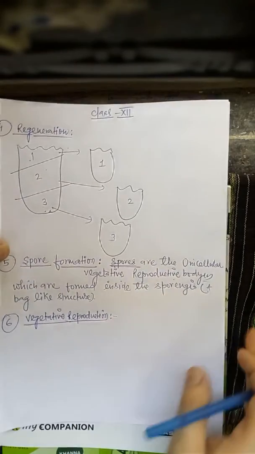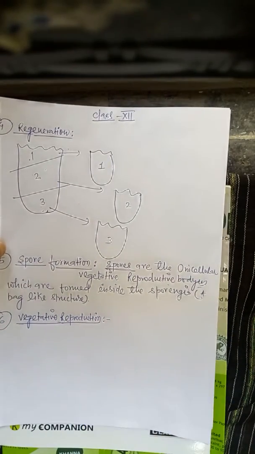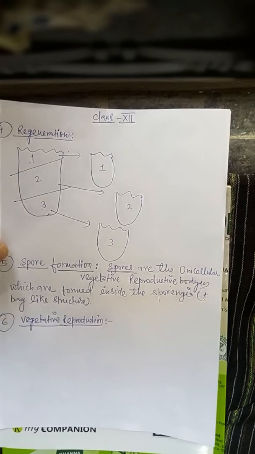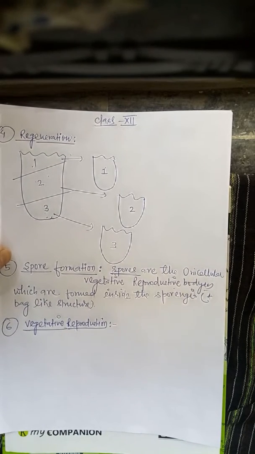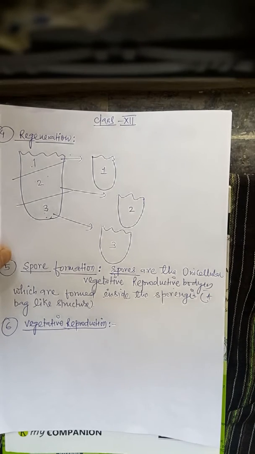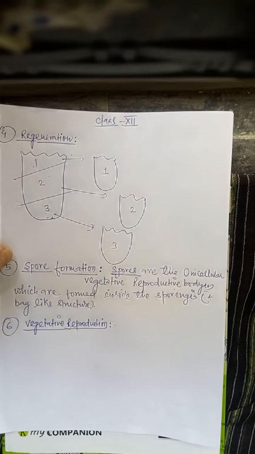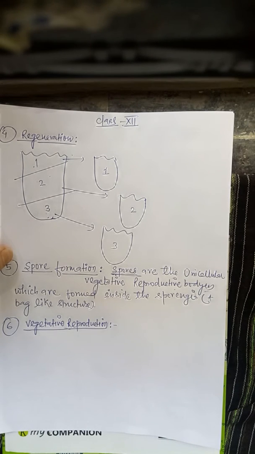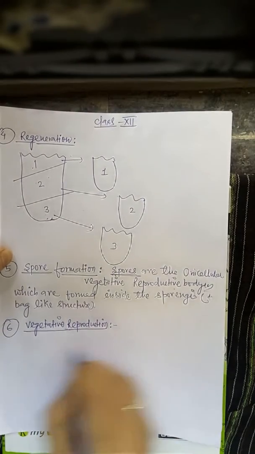Vegetative reproduction is a method of reproduction in which we produce a new plant by the use of any vegetative part of the plant like stem, roots and leaves. I am writing the definition.